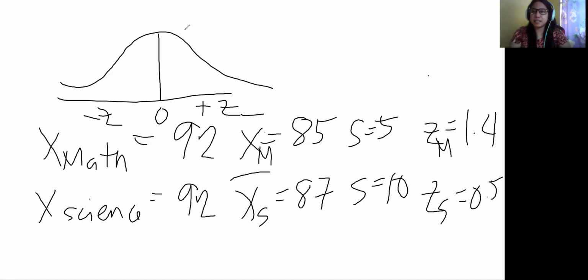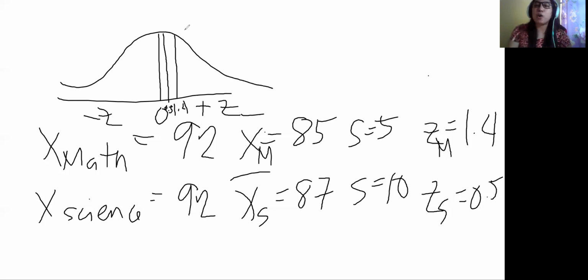If we plot this in our curve, 1.4 is above, and 0.5 is a bit nearer to the value of 0. Higher, of course, is in math. So this means that you performed better in math than in science because the z-score is higher than your standardized score in science.